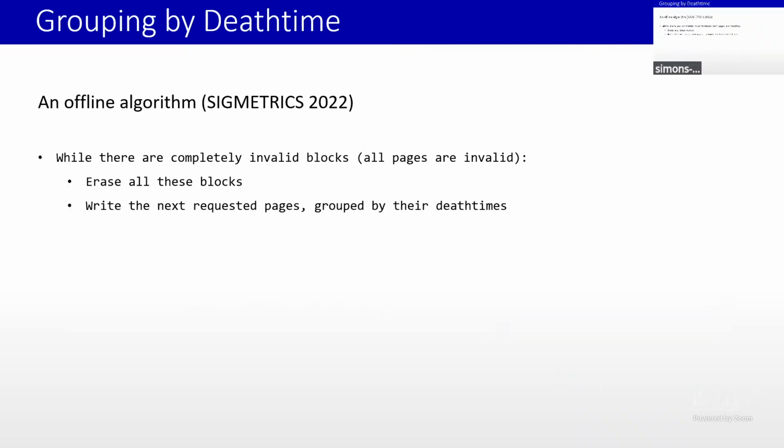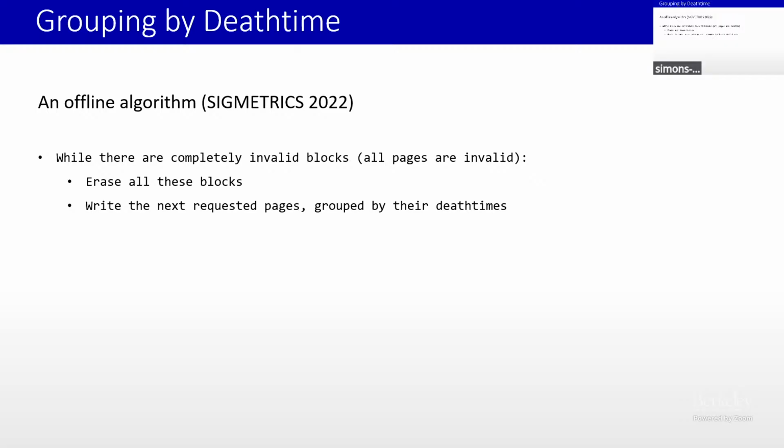So let's see the first offline algorithm. We have this while loop which runs as long as I have completely invalid blocks, which means that all the pages in the block are invalid. I'm going to erase all these blocks.